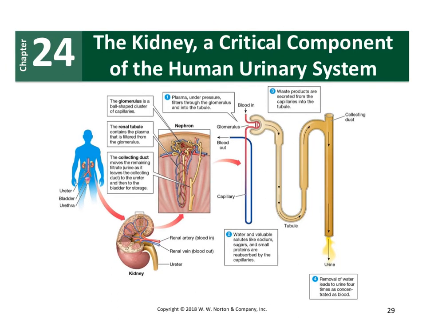Okay. So, the glomerulus is a ball-shaped cluster of capillaries. The renal tubule contains the plasma that is filtered from the glomerulus. So plasma under pressure filters through the glomerulus into the tubule. This is blood coming in. They go into the capillaries.